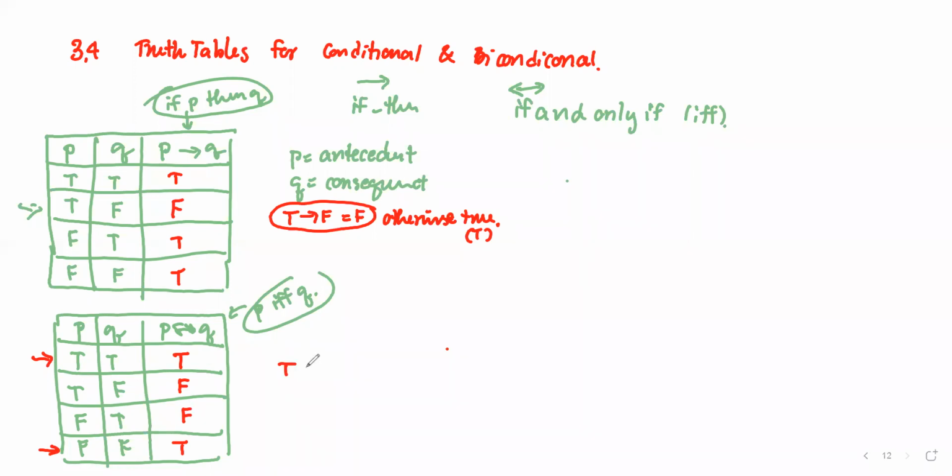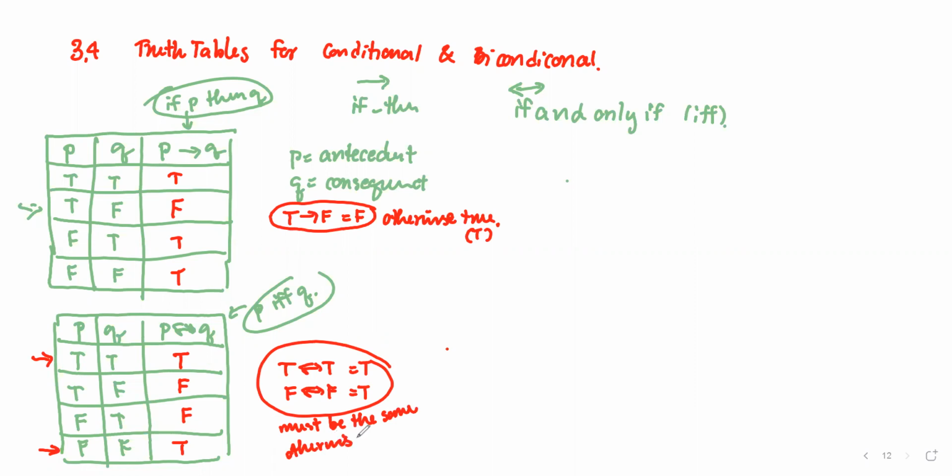So T if and only if T equals T, and F if and only if F equals T. Otherwise, you get false. So basically, you can say they must be the same. Otherwise, false.